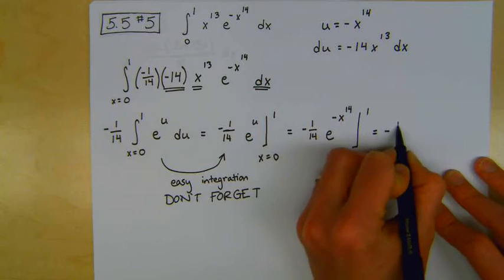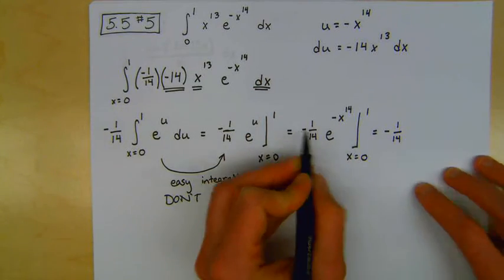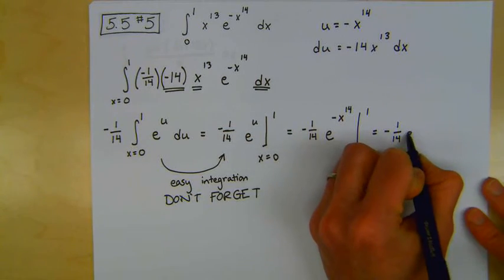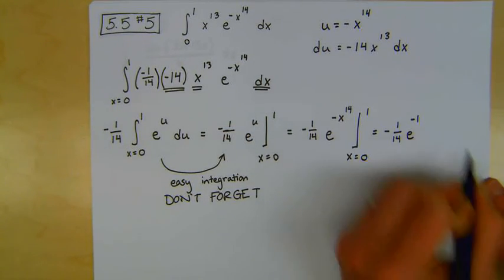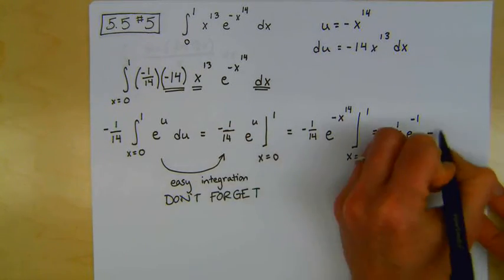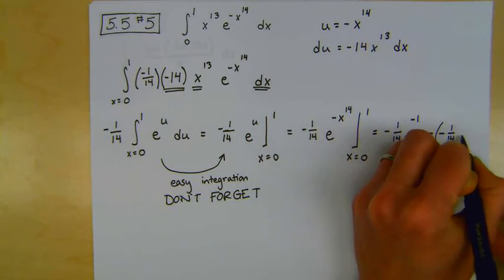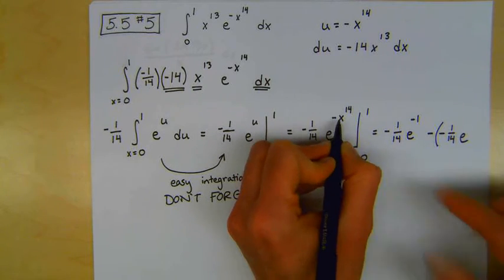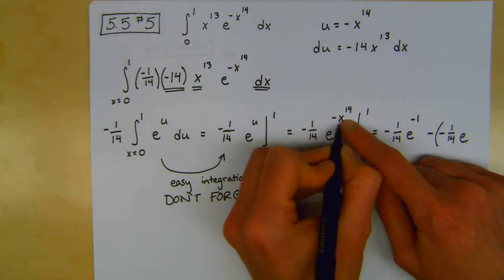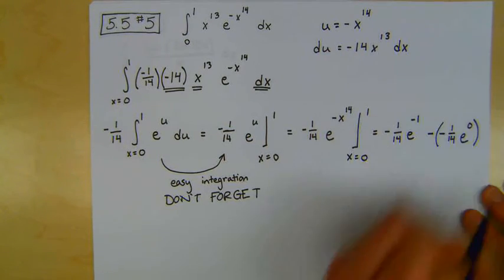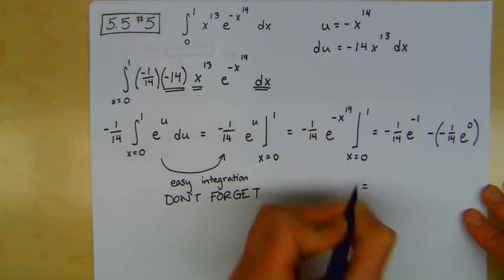So that becomes negative 1/14 when I plug in 1. 1 to the 14th is just 1, so I get e to the negative 1 minus negative 1/14 e to the, 0 to the 14th is just 0, negative 0 is 0, so I get e to the 0, which is actually equal to 1.